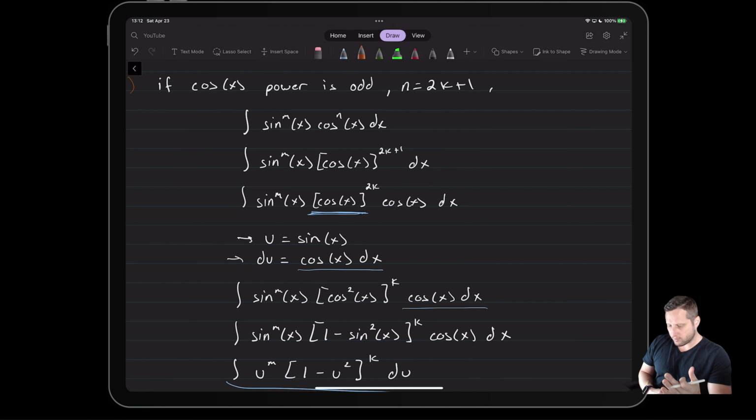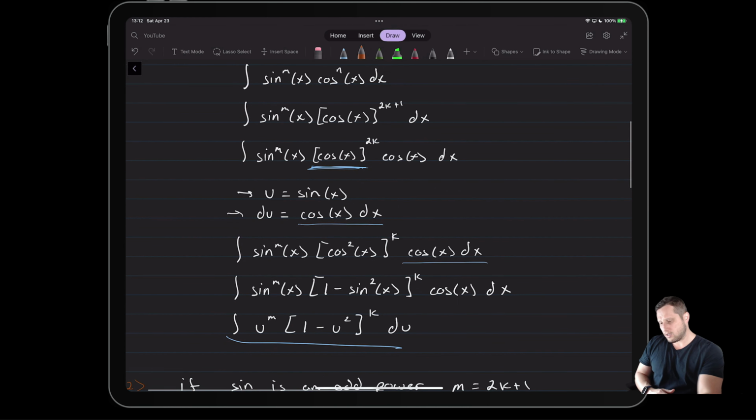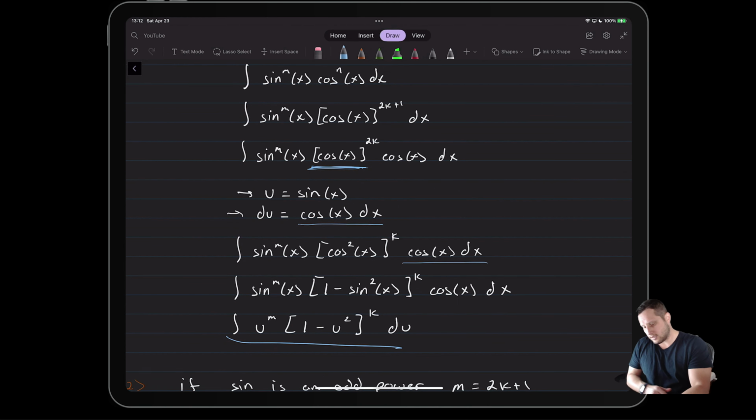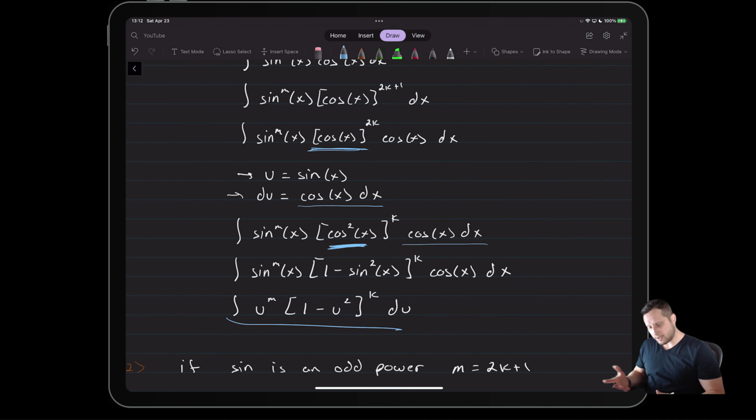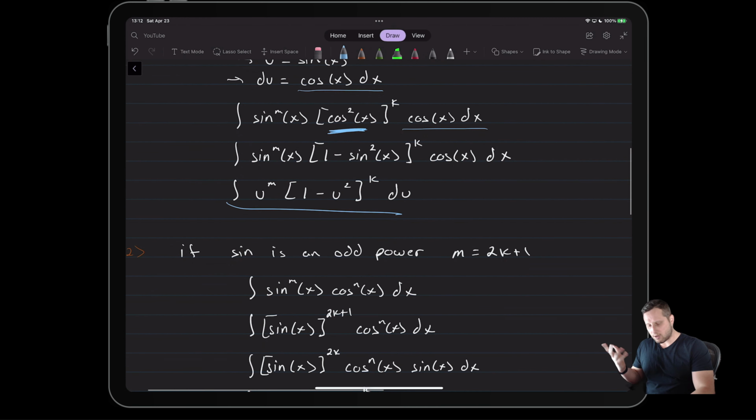It's going to remain even. And then inside, you're going to get a cosine squared, which you can replace with 1 minus sine squared. And then you let your u equal sine. When you find your du, you end up back subbing in all of your sines for u. And then you're left with just a regular power integral.